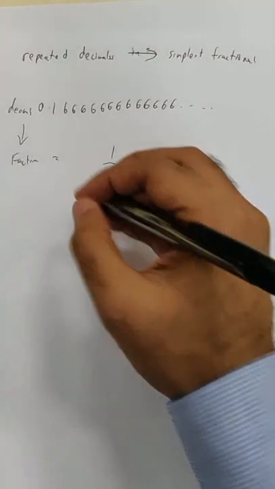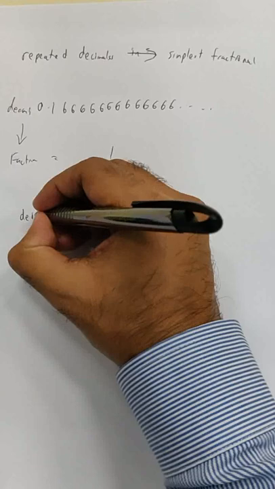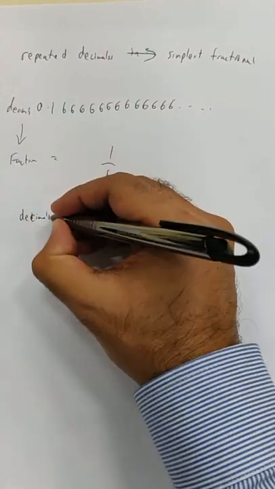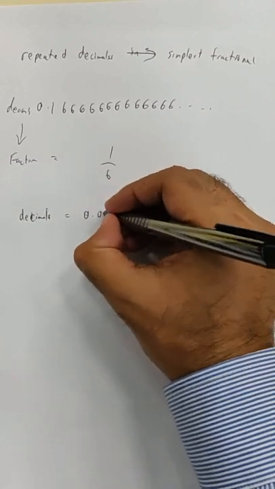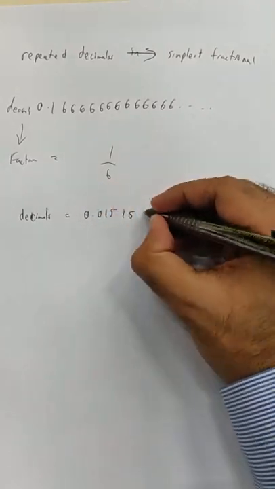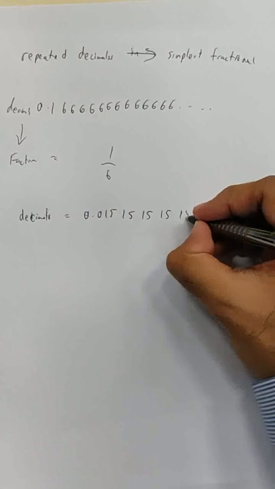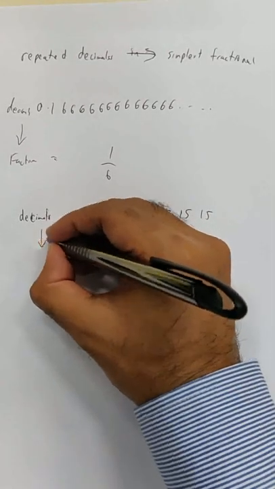What happens if something like this, 0.0151515151515? What is the fraction?